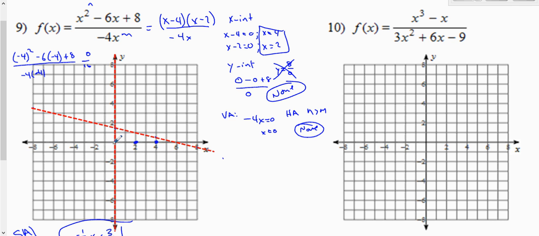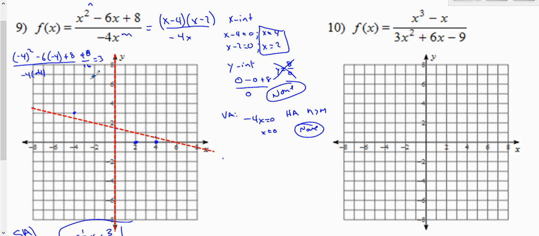So 0 over 16 is 0. No, what happened here? -4 squared, 16, oh, plus 24. 16 plus 24 is 48. So 48 over 16 is 3. Okay, so -4, 3, right there.